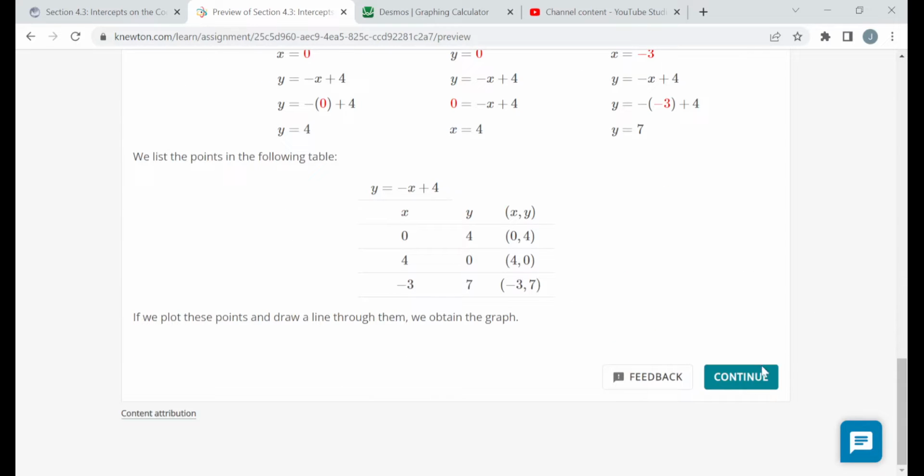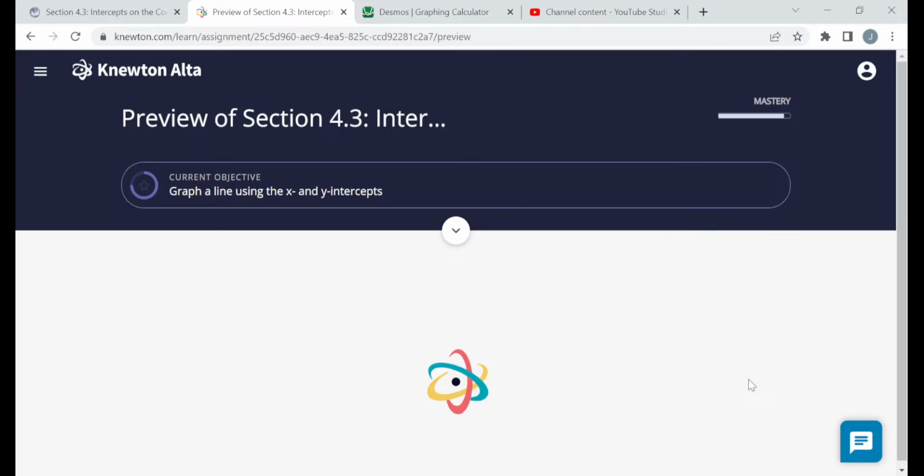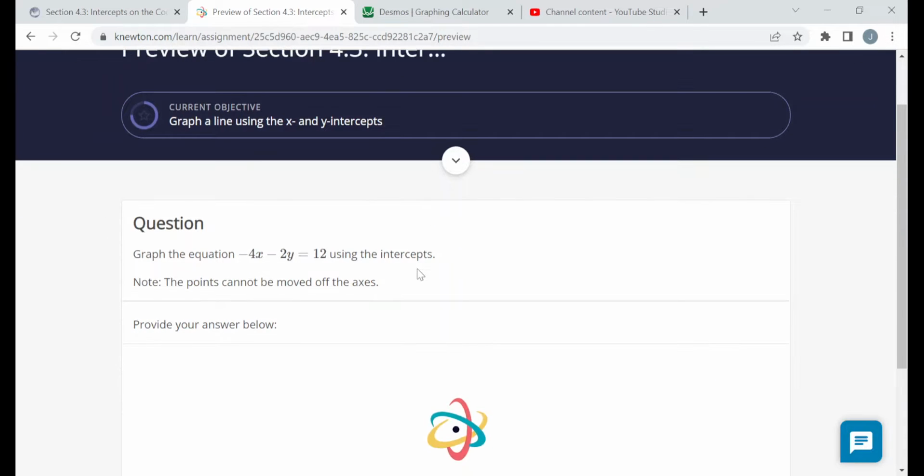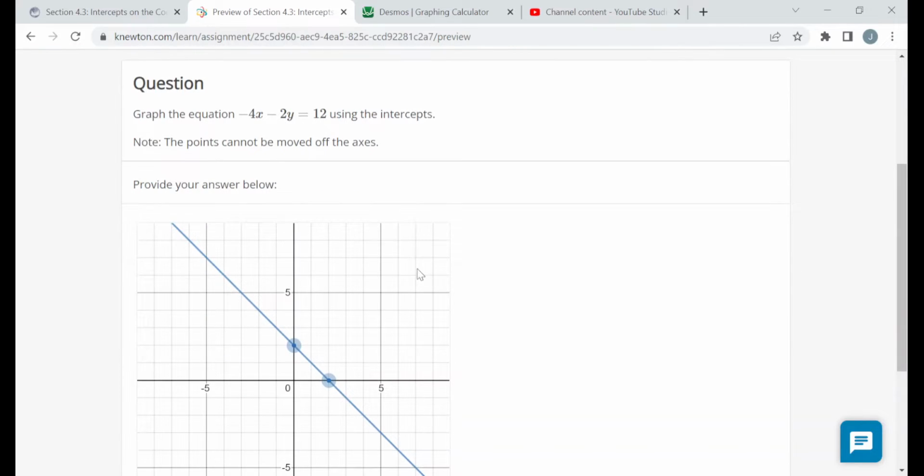Alright, and just one more of these. I'm hoping this seems simple enough, finding the x-intercept and y-intercept. Alright, so just one more of these, and we're removing the points on the axes. So again, if y were 0, you would just have negative 4x equals 12, dividing both sides by negative 4, x would be negative 3. So the x-intercept is at negative 3, 0, and again, click on it just to make sure it's at negative 3, 0.